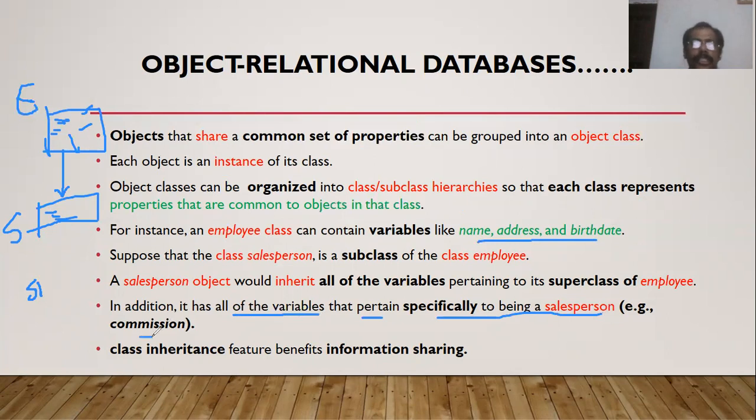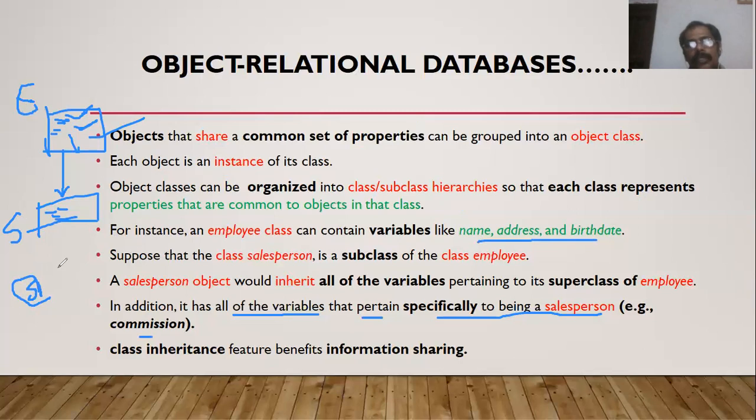Example, commission. In employee, there are 3 attributes: name, address, birthday. In salesperson, assume there is one more attribute, commission. When we use a salesperson object S1, it has all the variables of both employee and salesperson.